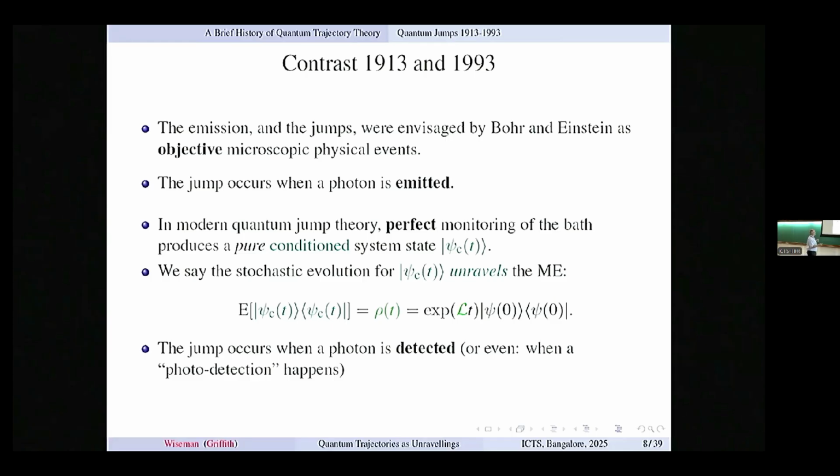In this version, it's part of quantum measurement theory, and the jump occurs when the photon is detected. Or, if you want to be even more careful and not talk about the photon as a physical object, not implying that it even existed before it was detected, one can say that the jump happens when a photodetection occurs, something just in your apparatus.